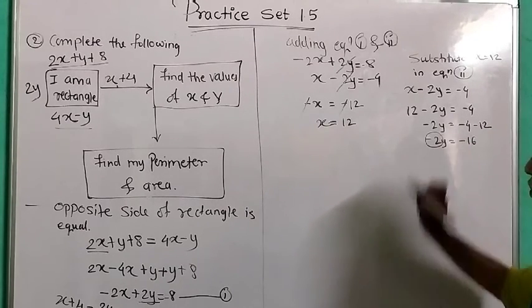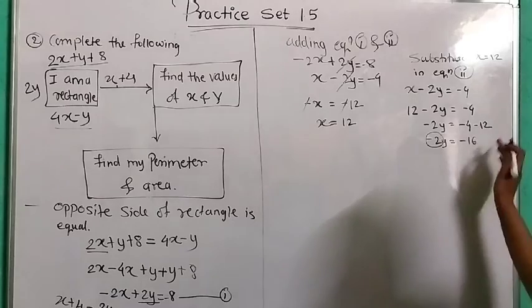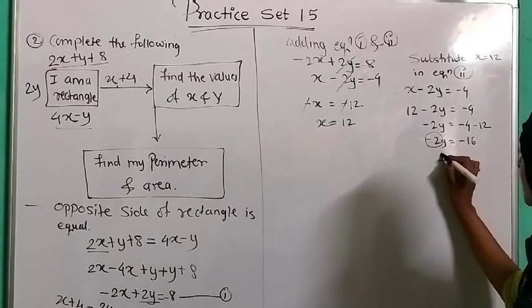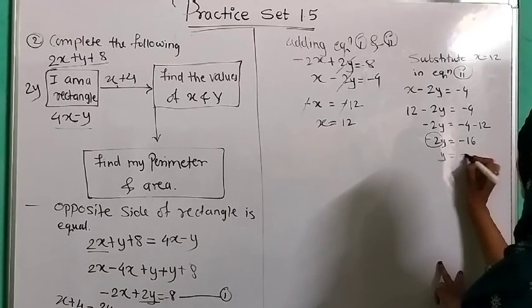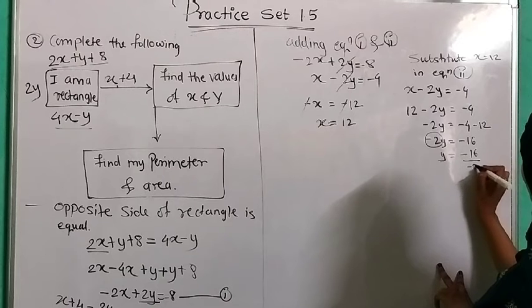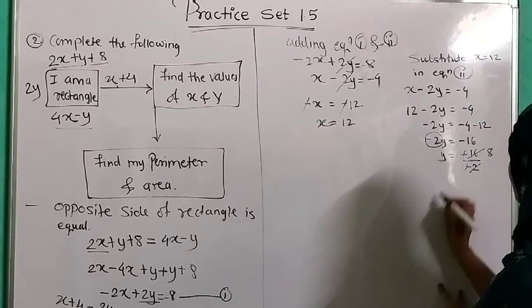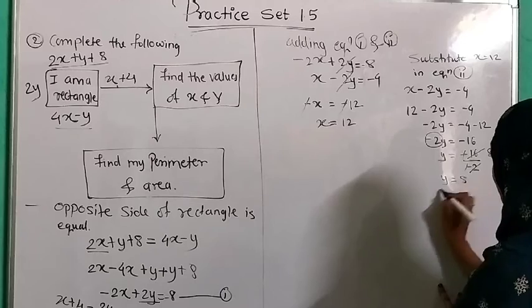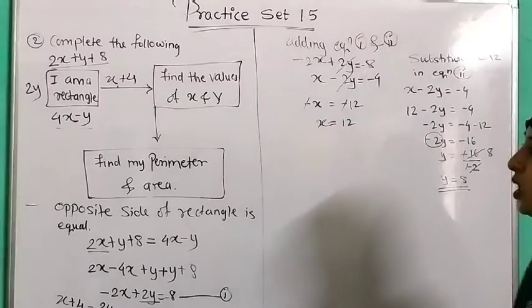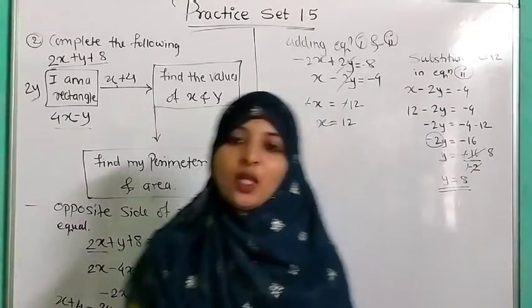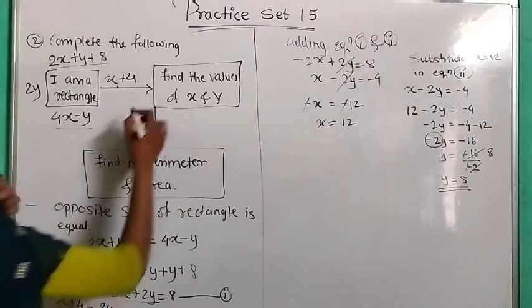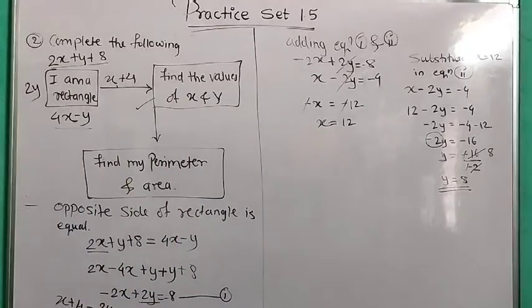This 2y is in multiplied form. If you shift it, it becomes divided. Then y is equal to minus 16 upon minus 2. So 2 ones are 2, 2 eights are 16. The minus sign gets cancelled. y is equal to 8. Now here we get the value of x and y. So one step of the solution has been completed.